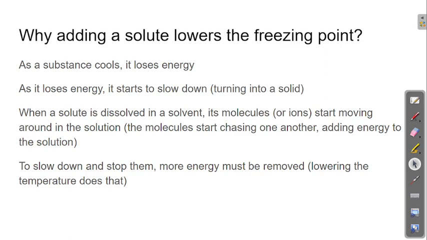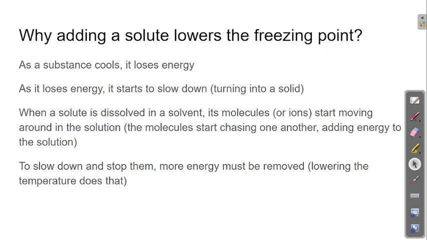When a solute is dissolved in a solvent, so now you're adding something in it, you're adding more molecules or ions if you have ionic compounds. Then they start moving around in the solution. You create a solution. When those molecules are moving around, it's like they're chasing one another, and that adds energy to the solution. The movement of those particles translates into energy.